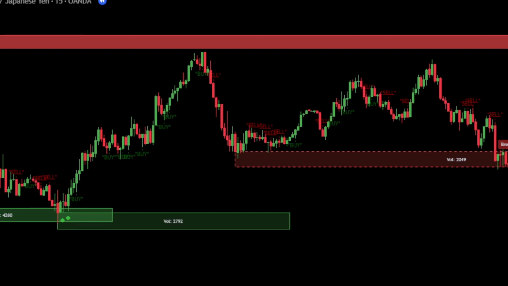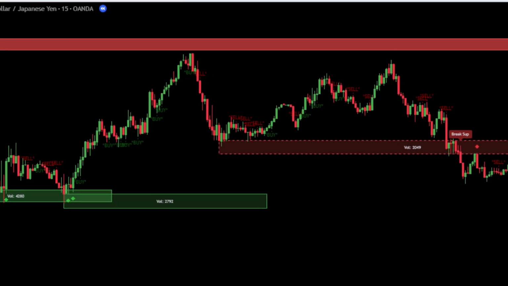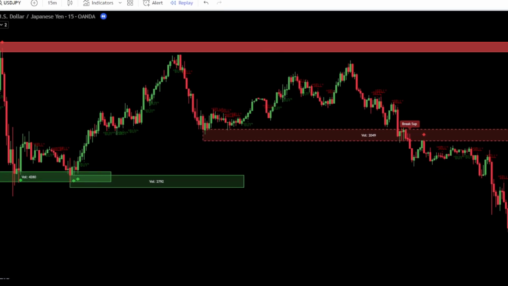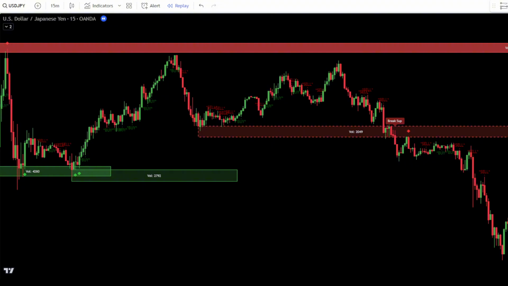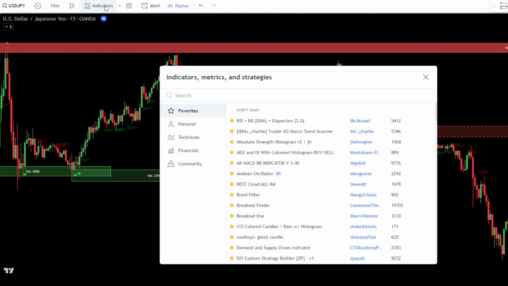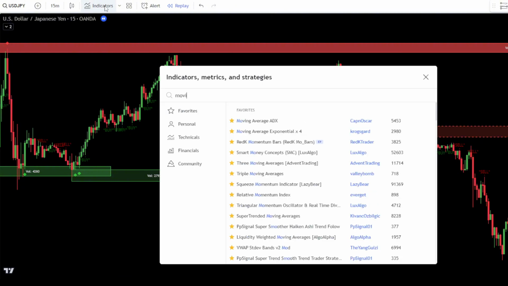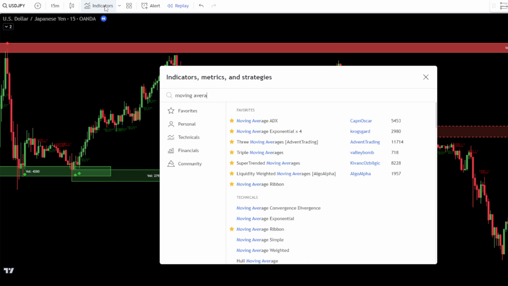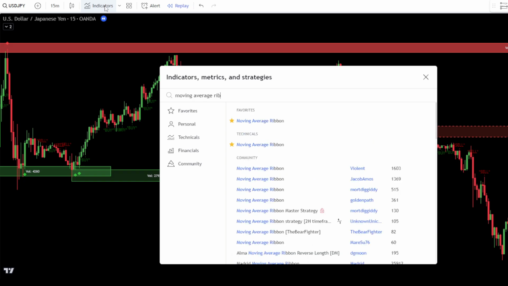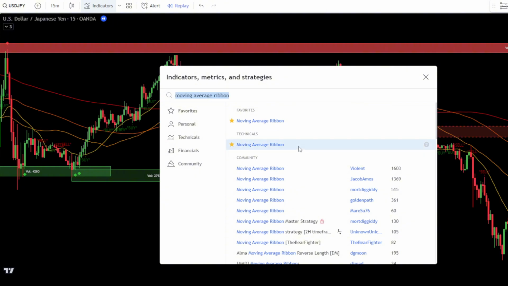To increase the accuracy of this trading strategy, you can add one final indicator that we'll be using. Go to the Indicator Search tab and type Moving Average Ribbon. Then, select the default Moving Average Ribbon indicator from TradingView.